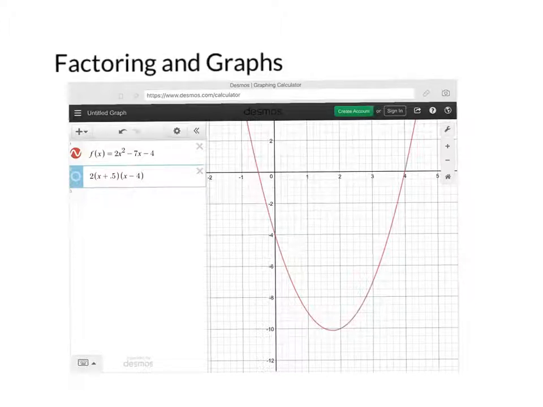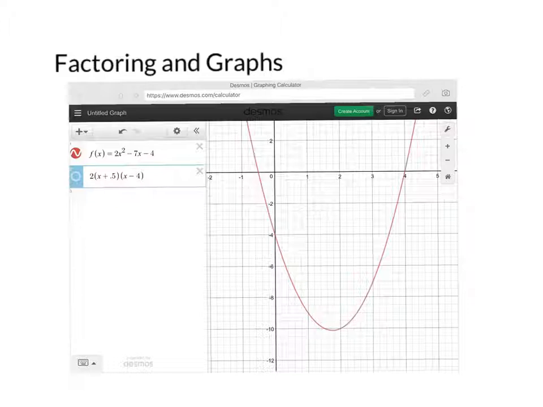All right, so knowing a little bit about my function, if I know what my leading coefficient is, it turns out that if I know it's a 2, and I know what my zeros are, that's enough to inform me how to factor my quadratic equation.